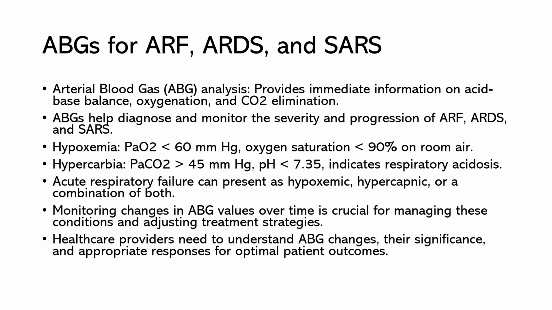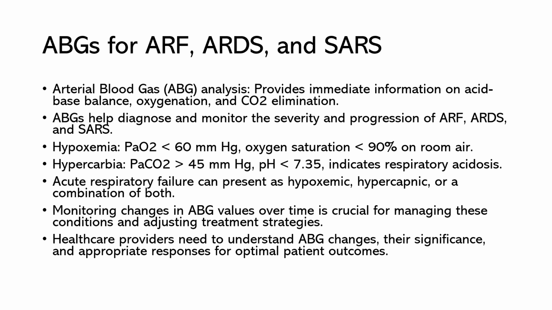So in general, if a patient's PaO2 is less than 60 millimeters mercury and their oxygen saturation is less than 90% on room air, this indicates hypoxemia, a lower than normal level of oxygen in the blood. Similarly, if a patient's PaCO2 is greater than 45 millimeters mercury and their pH is less than 7.35, this indicates hypercarbia, an excess of carbon dioxide in the blood.